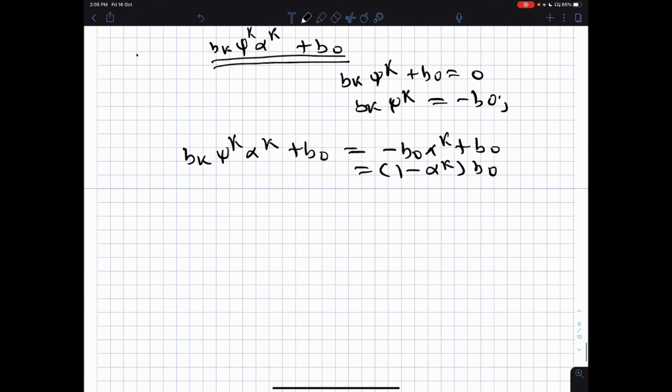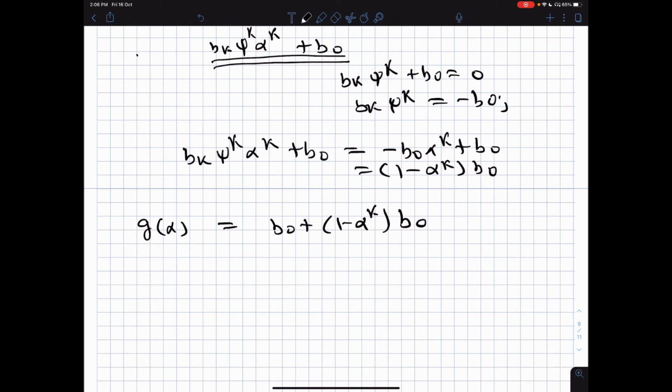Okay. So now p of z, or rather g of alpha, is nothing but: first term is b naught from the reverse order, then the next term is 1 minus alpha to the power of k.